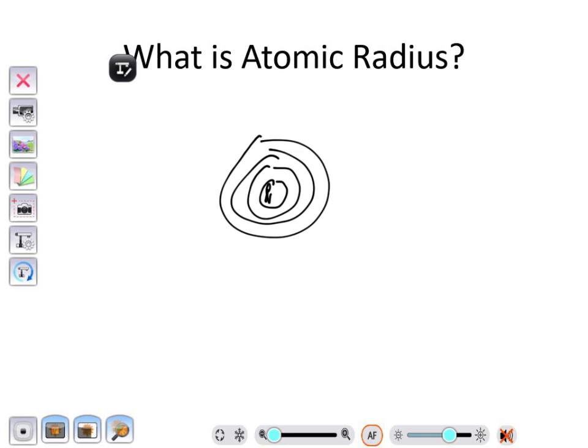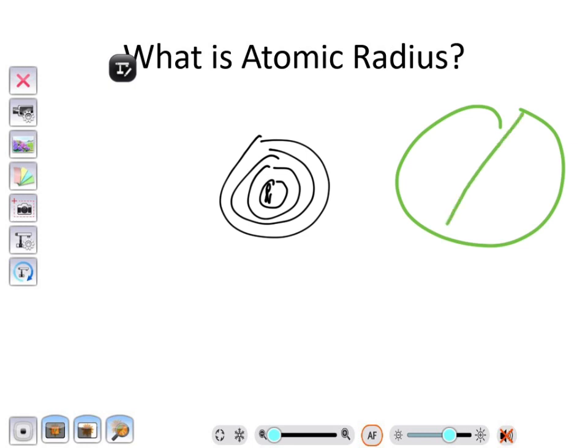From the orbits, so like this orbit out here to what? So, if I do a circle, where's my radius? Radius goes all the way across.